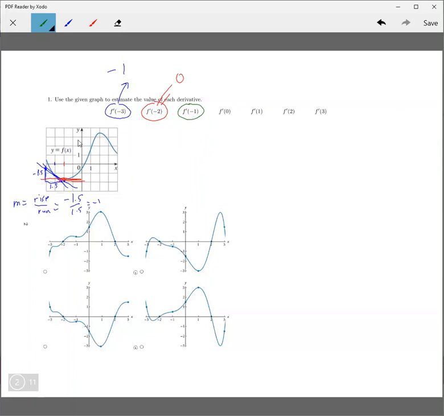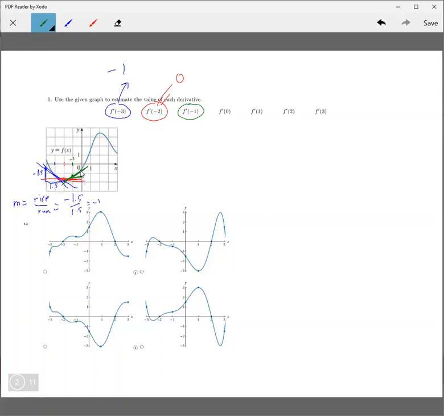So f prime of -1. You come back here to -1, and that's this point right here. And you try to look at what this curve is doing here. So we went from here to here as we went over by 1.